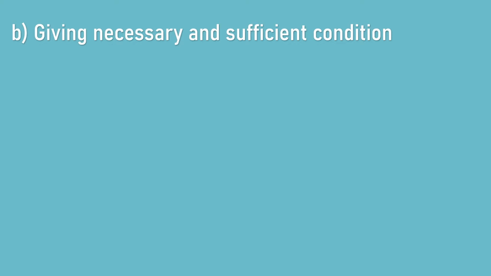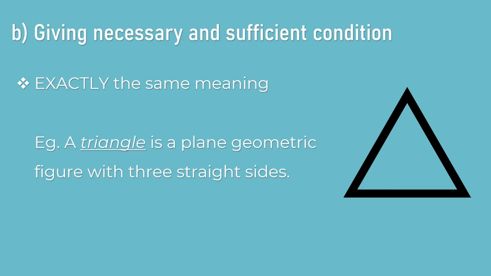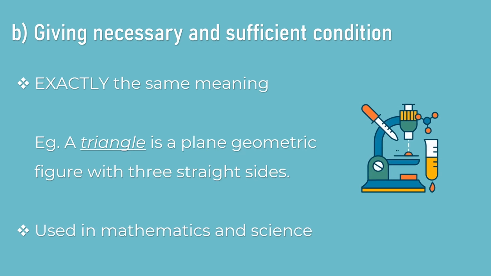So we use this way to explain the idea or expression by giving exactly the same meaning. For example, a triangle is a plane geometric figure with 3 straight sides. However, this method is not often used in our everyday usage. It is often used in mathematics and science.